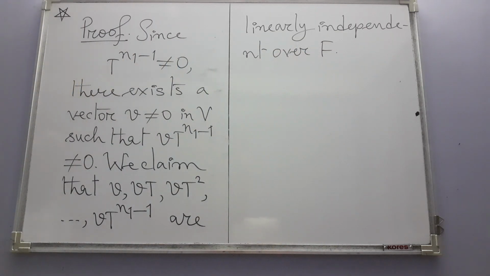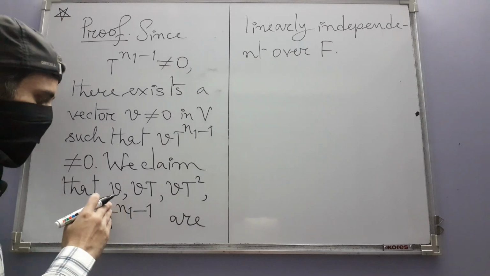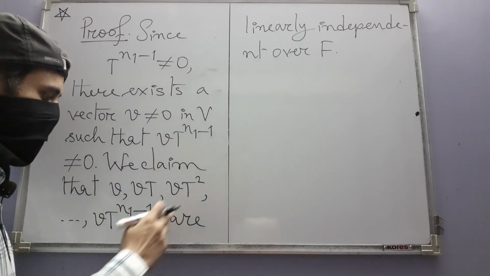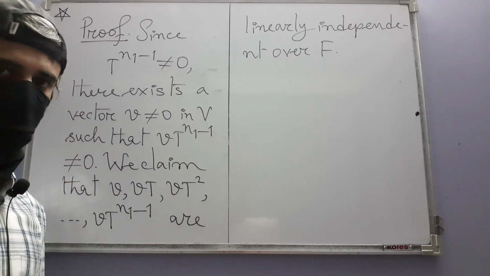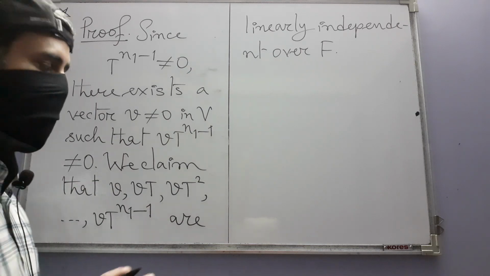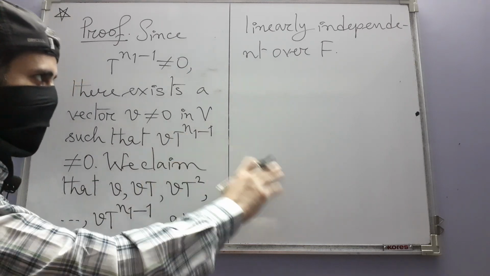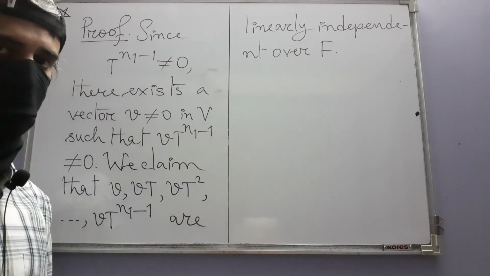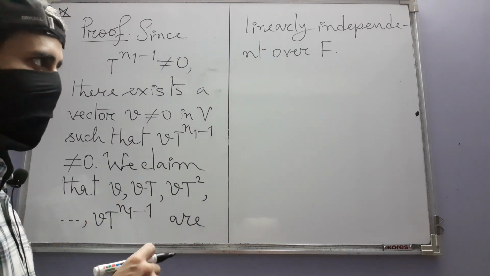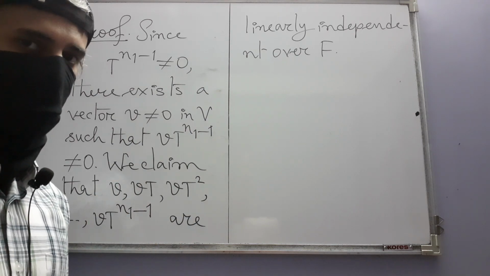So how do you prove linear independence? You will have to consider a linear combination of these vectors with scalars coming from the underlying field, of course, and you set that linear combination equal to 0. You will then have to prove that all the scalars involved are 0.